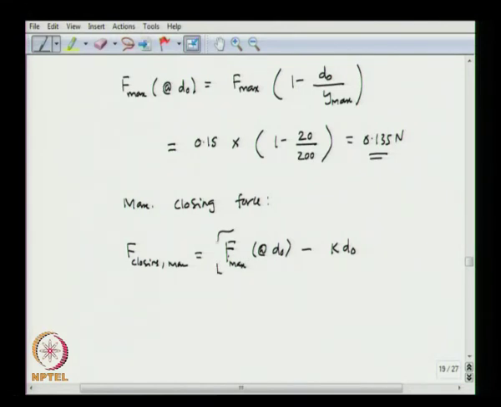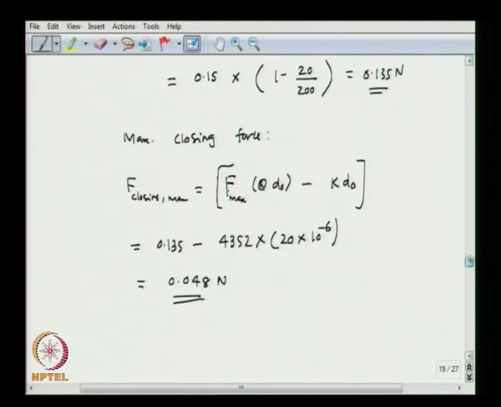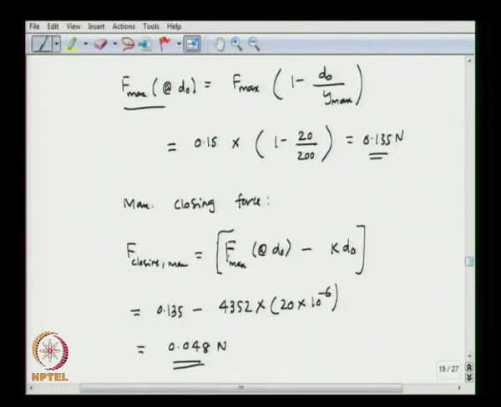So which will be equal to 0.135 Newton minus K, 4352, into d0, 20 into 10 to the minus 6. So this is going to be 0.048 Newton. So that is going to be the maximum closing force, and this is coming from the bimorph.